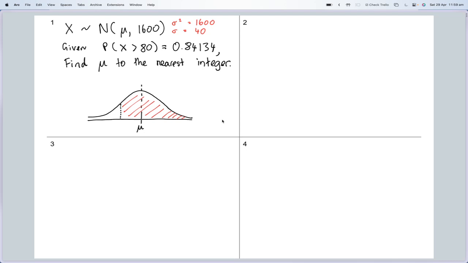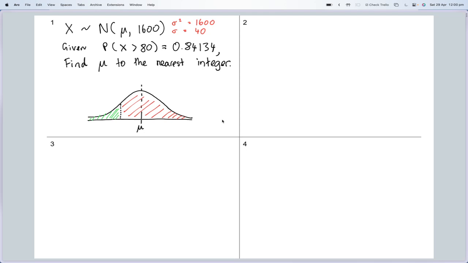We need x less than 80. So x less than 80 is going to be this area here, and we need to work out what that area is. That's not too traumatic because we know that the total area underneath this curve is 1, because it's a probability distribution function. So if this area is about 84%, then this area has to be what's left over, about 16%.